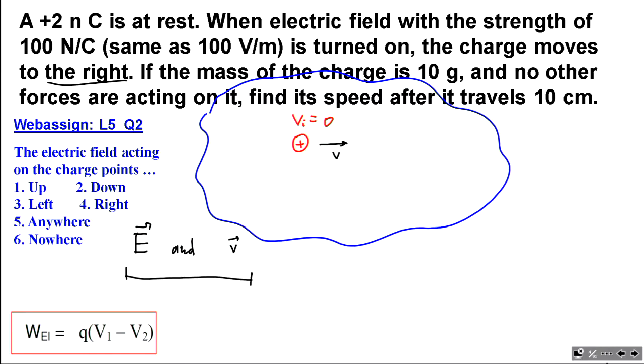So you search through the equation sheet, which everybody should have printed out already. And you don't see that in an equation. It doesn't exist. So you have to start searching for something else which might eventually connect what we know, velocity, and what we're looking for, direction of electric field.